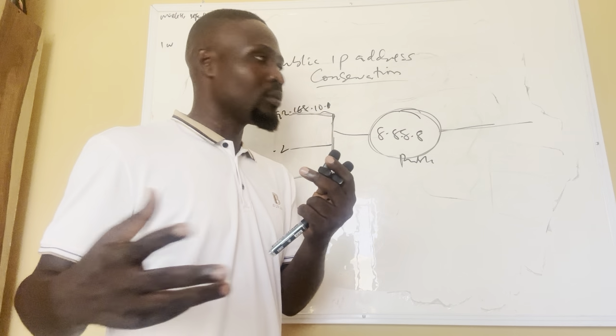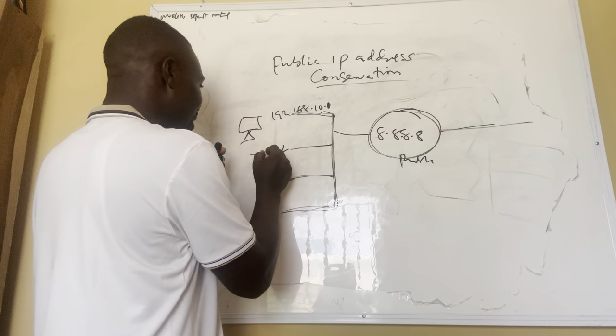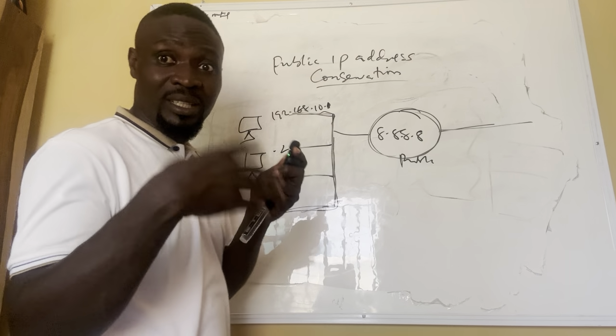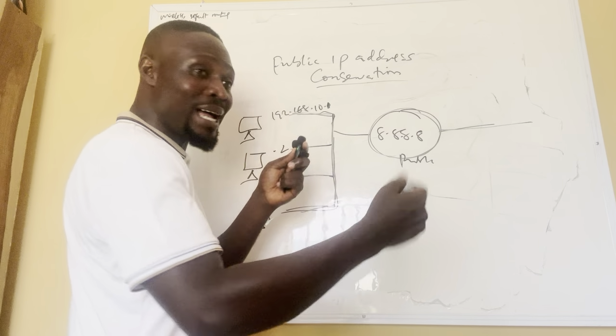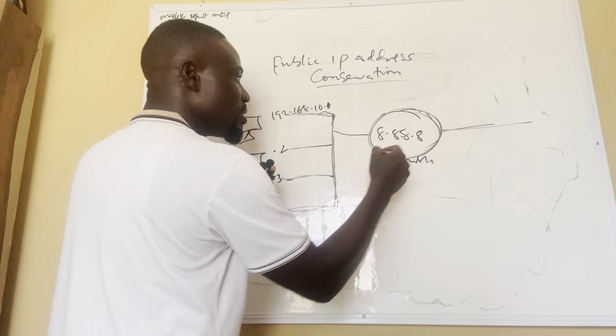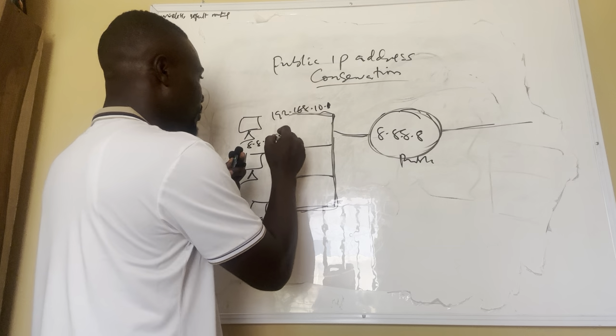It's not free. So normally, every system in your organization, every server, everybody that wants to go to the internet, you're supposed to pay for an IP address for each of the systems. You pay 8.8.8.8 for this.